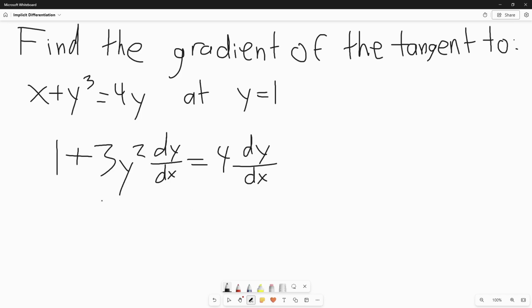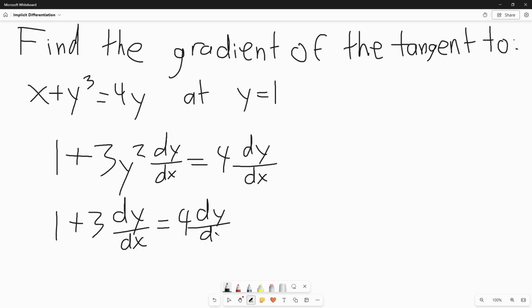So we can just plug in y to solve this even faster. 1 plus 3 dy over dx equals 4 dy over dx. And now we can isolate dy over dx much easier, and we get dy over dx equals 1. And that's our final answer.